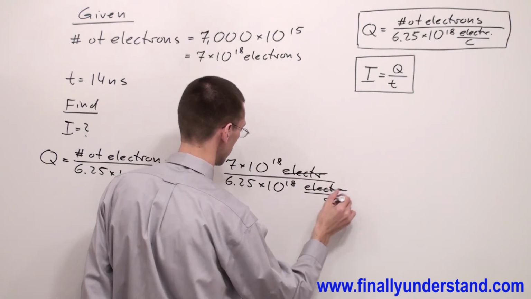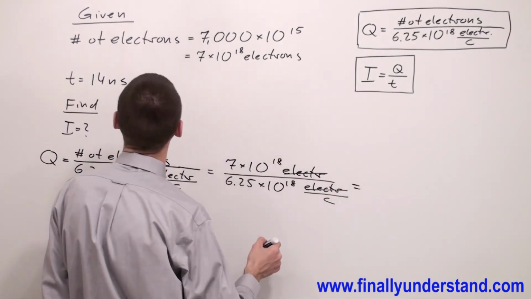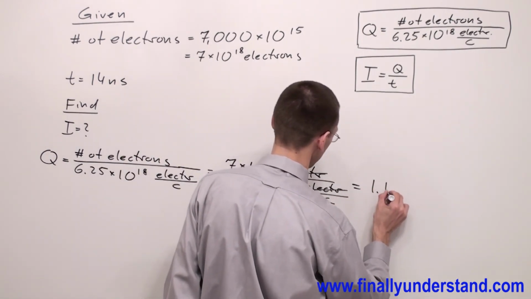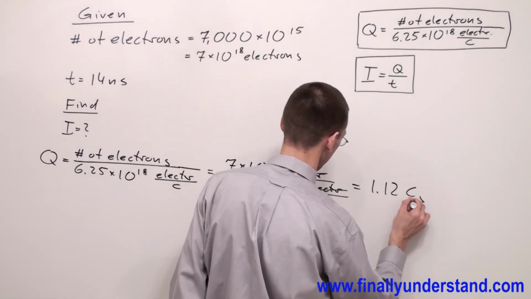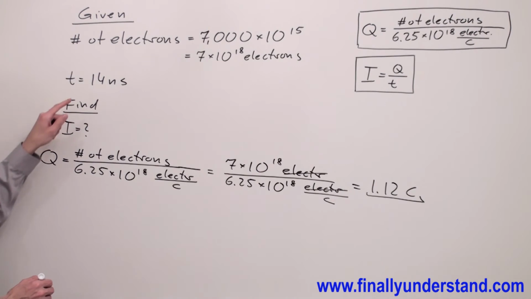Electron and electron will cancel out and we will get the value of 1.12 coulombs. This is the charge which is going to go in the wire in 14 nanoseconds.